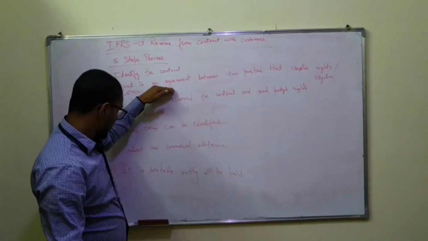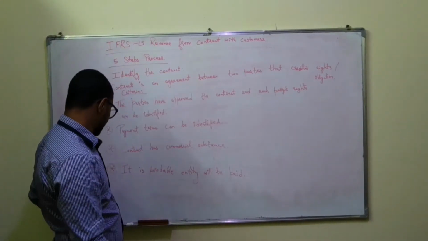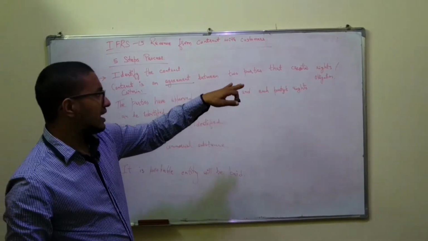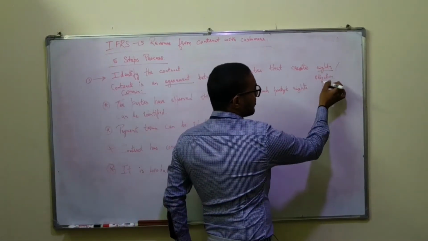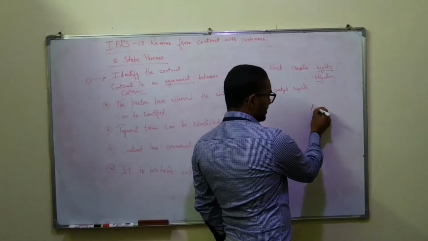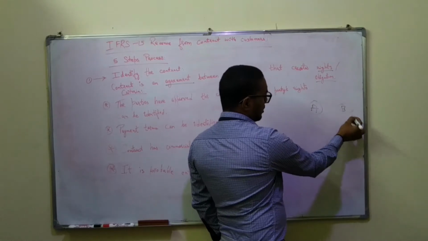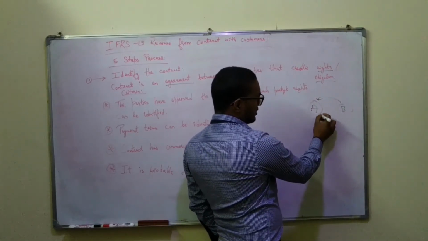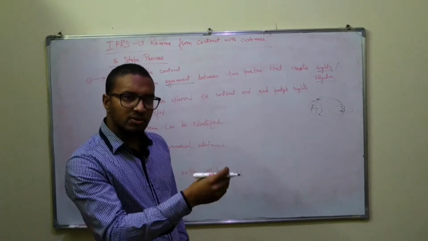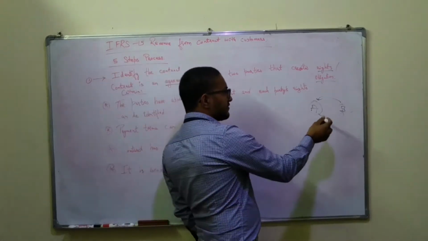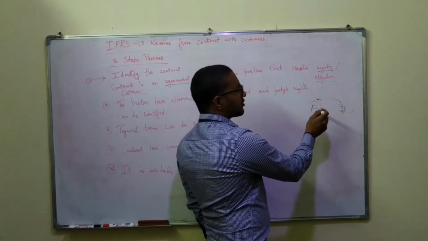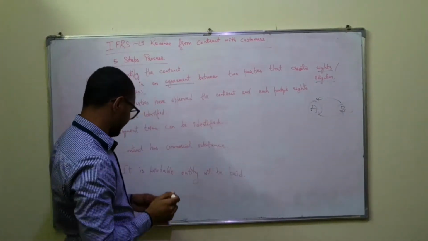Suppose these are entities A and B. If it's a right for A, it's an obligation for B. And if it's a right for B, there is an obligation for A.